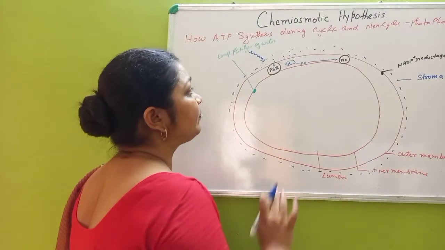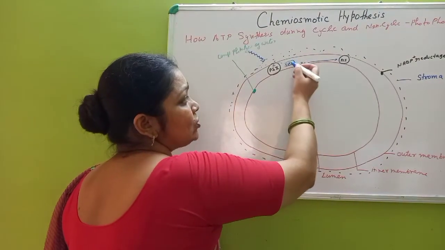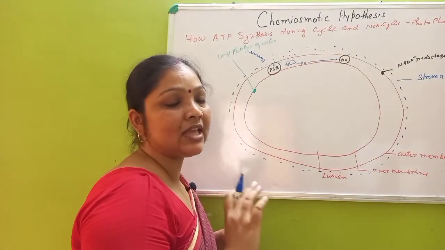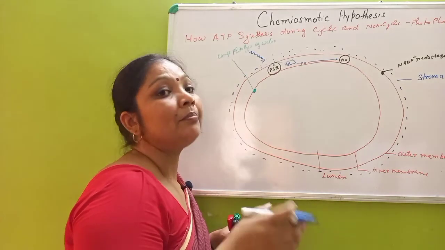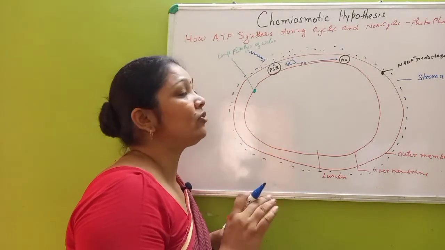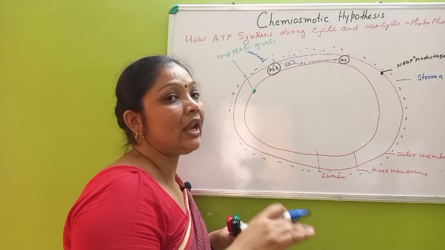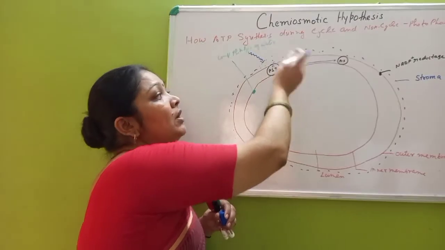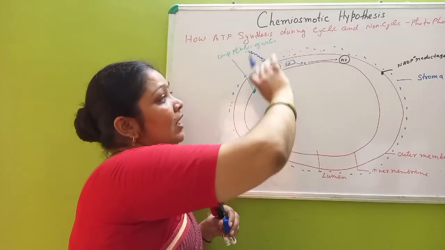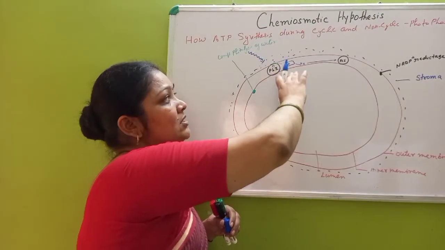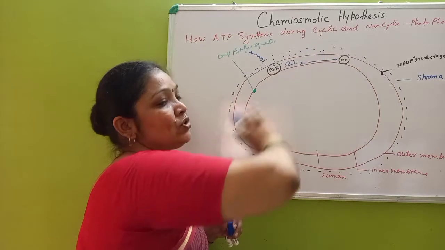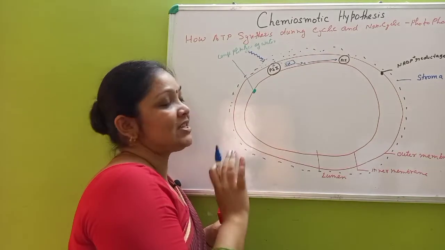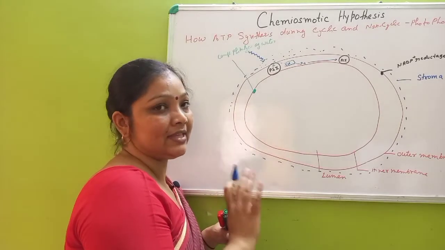Okay, this will happen. The cytochrome, actually I have mentioned there that it is an electron acceptor, but actually it is not an electron acceptor, it is an electron transporter, because it is accepting electrons from plastoquinone, and it transfers that electron to plastocyanin. That's why it is an electron transporter, not an acceptor.